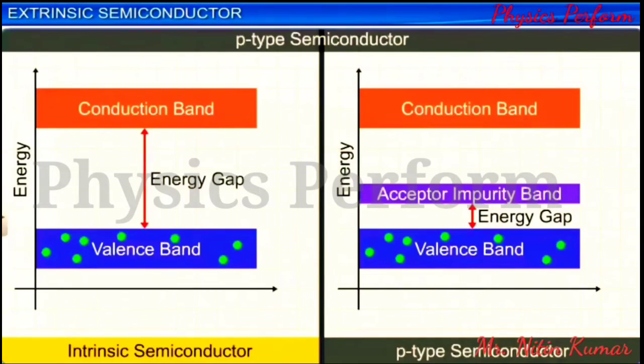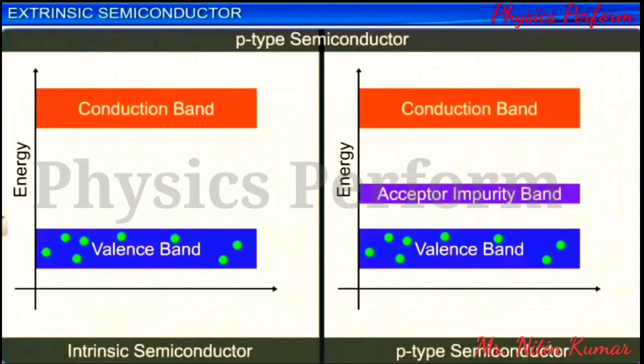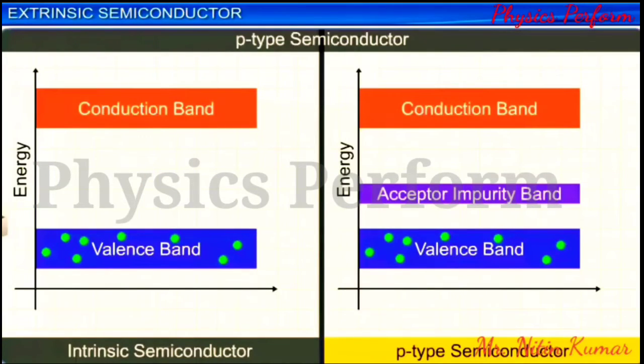Valence electrons in p-type semiconductor can move from the valence band to the acceptor impurity energy band even at room temperature to create holes in the lattice. Thus, electrical conductivity of a p-type semiconductor is much better than an intrinsic semiconductor.